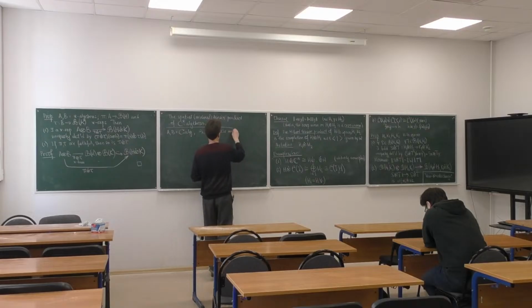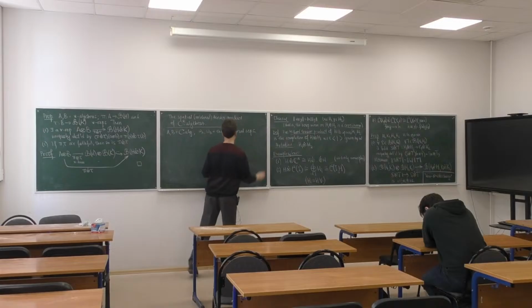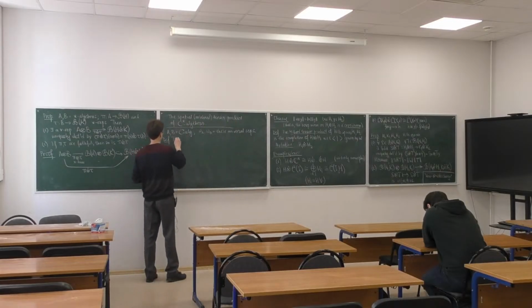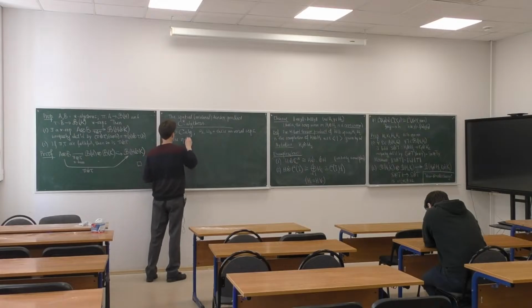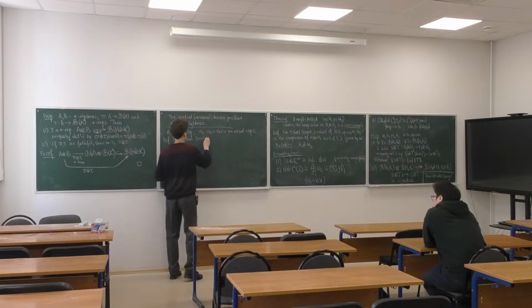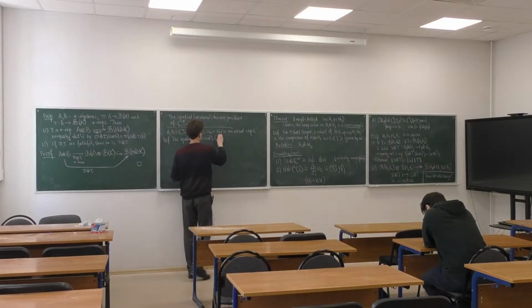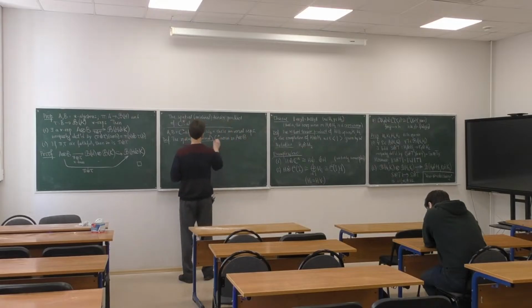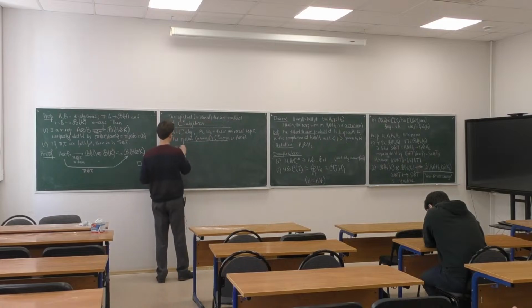By definition, the spatial or the minimal C-star norm on the tensor product of A and B is defined as follows.